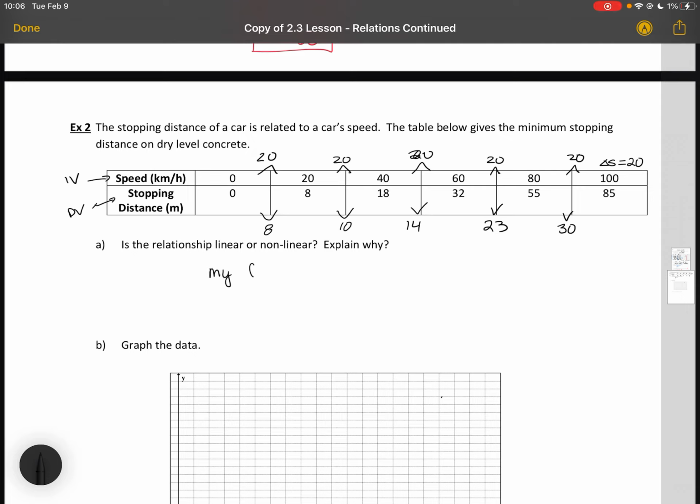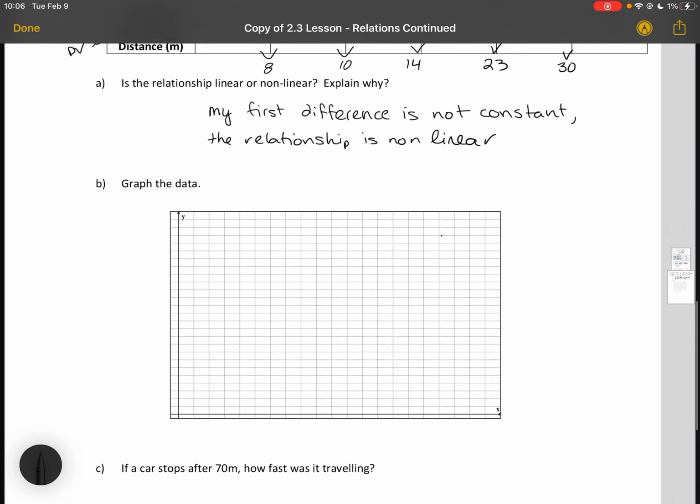So my first difference is not constant. So the relationship is non-linear because it is not constant.